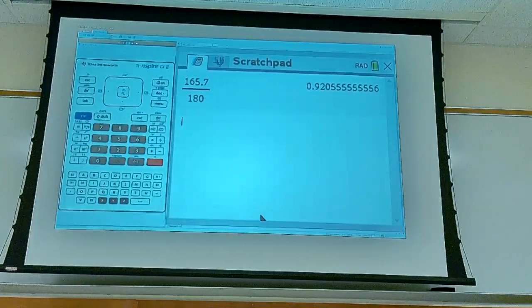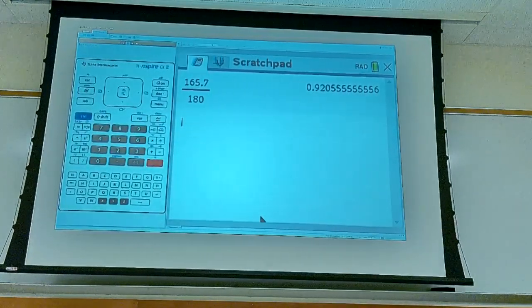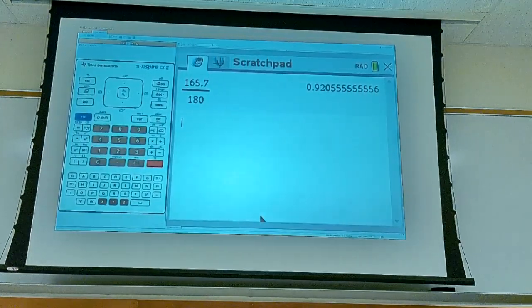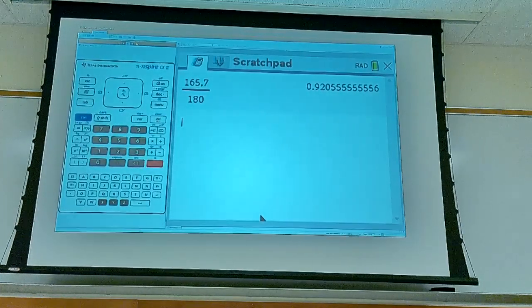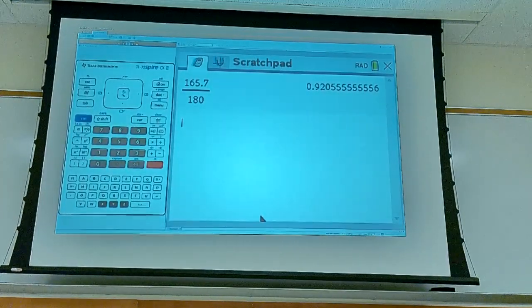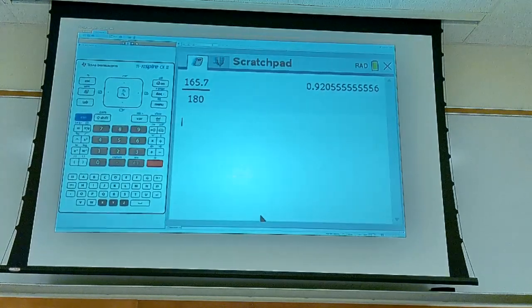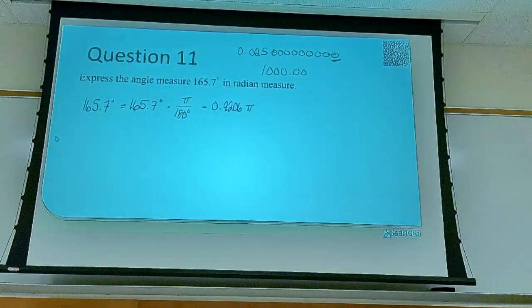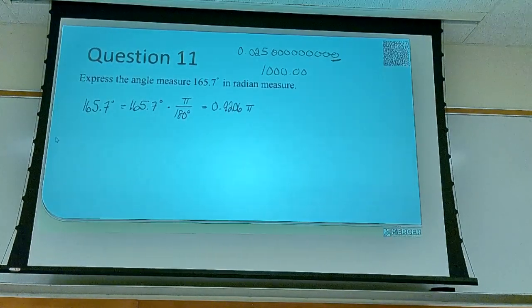That's just the first way of doing it, because then you could just plug the whole thing in and you get like 2.84 and then you just put a radius. This is if you wanted to keep it in terms of pi, which some problems are going to require you to do.